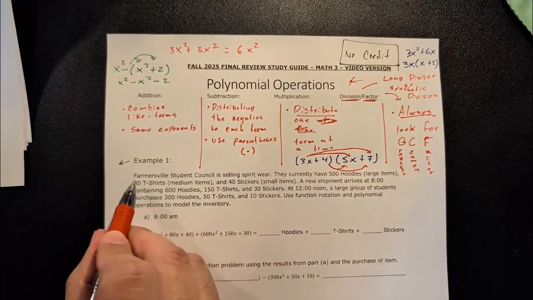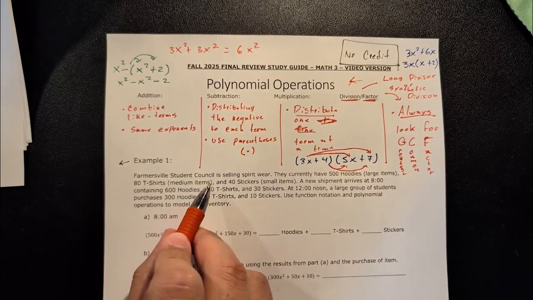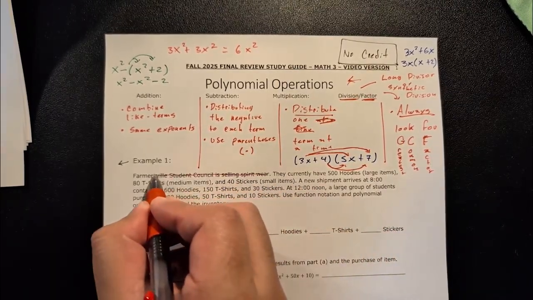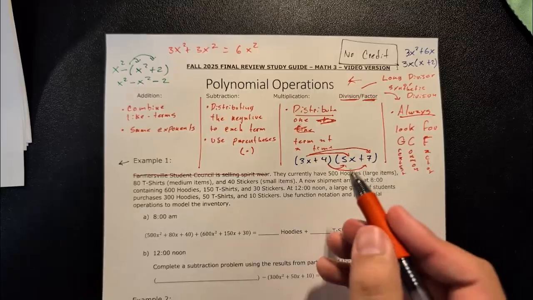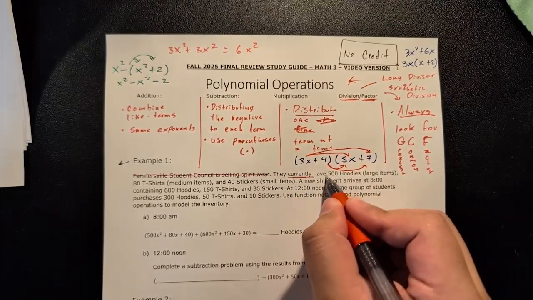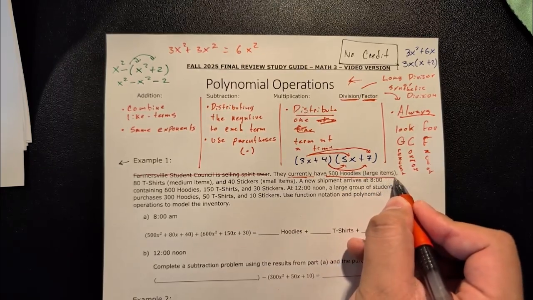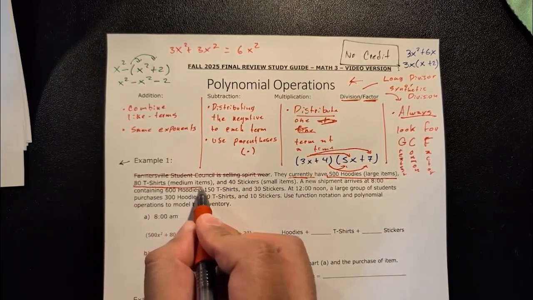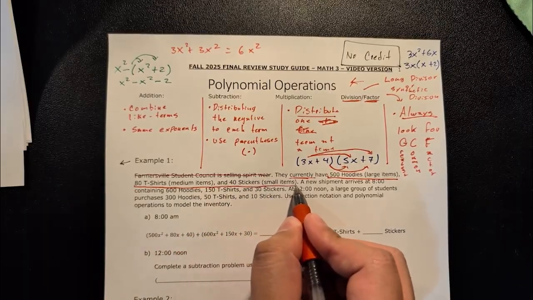The first sentence, Forestville Student Council is selling spiritware, isn't telling me anything, so I'm going to cross it off. They currently have 500 hoodies, large items, 80 t-shirts, medium items, and 40 stickers, small items.